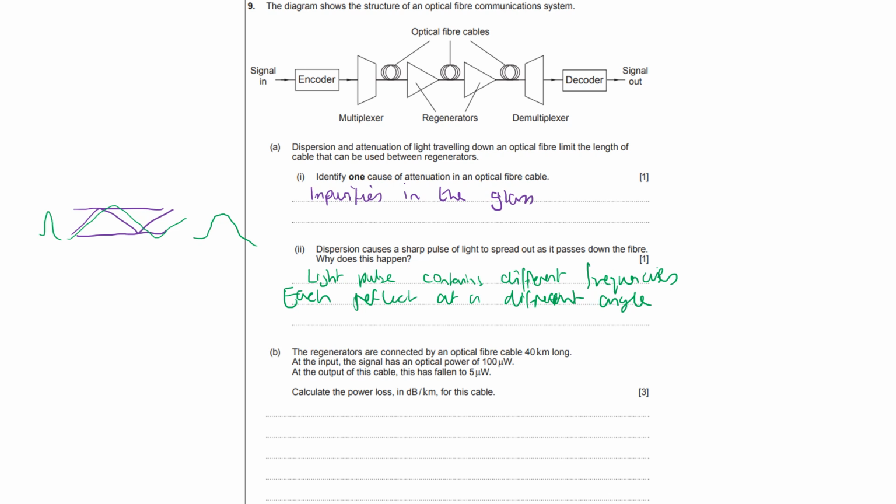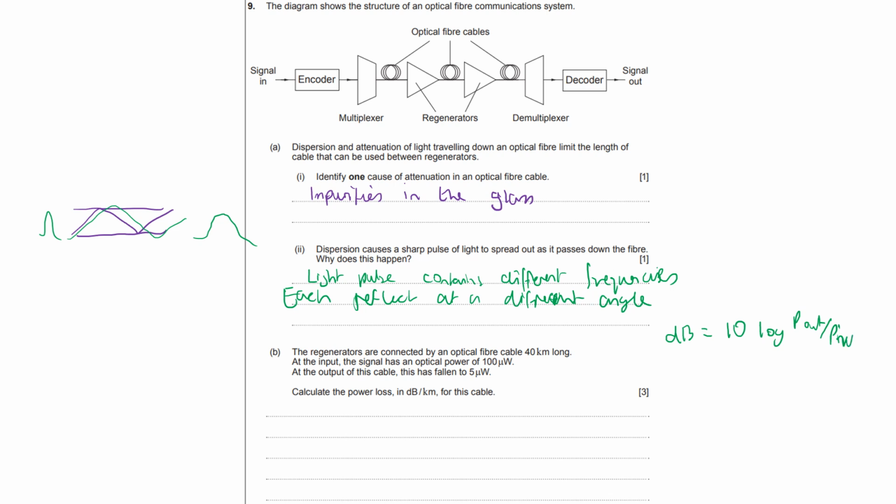Right, this one here, let's have a look. This is basically your classic gain one again. So the gain in decibels, or overall attenuation, should I say, equals 10 log of P out over P in.